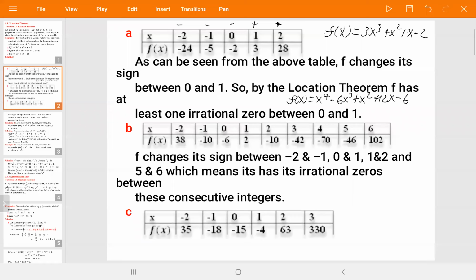Minus 2 to the power of 3 is minus 8. Minus 8 times minus 6 is positive 48. 48 plus 16 is 64. Then minus 2 squared is 4. It is 68. But in this case, 12 times minus 2 is minus 24. Minus 24 minus 6 is minus 30. 68 minus 30 is equal to 38.